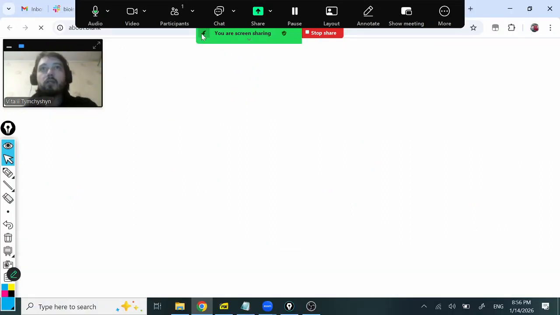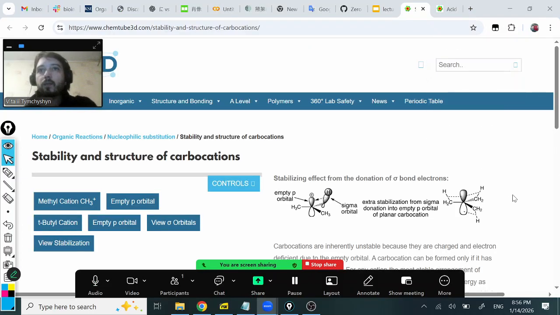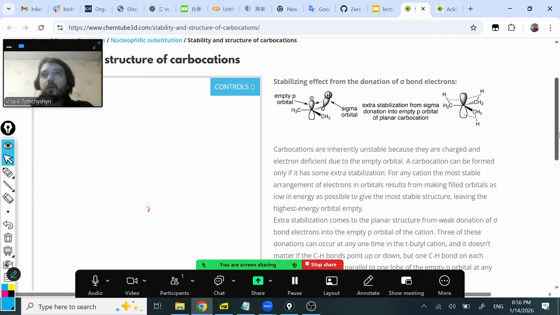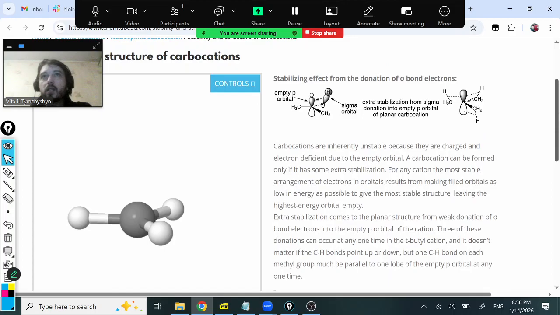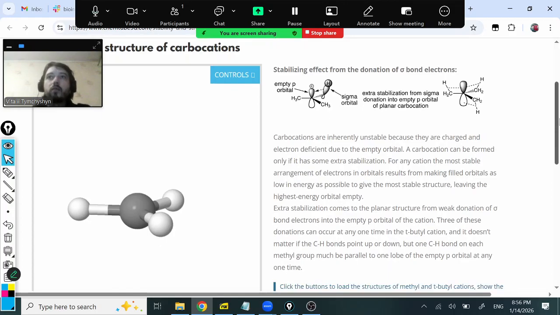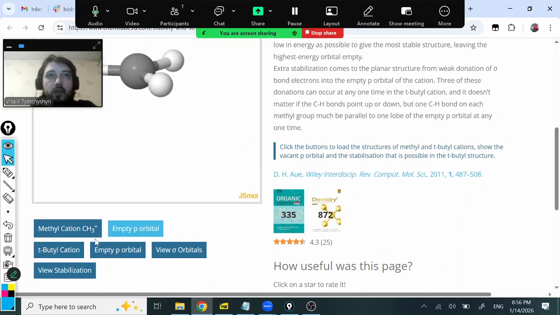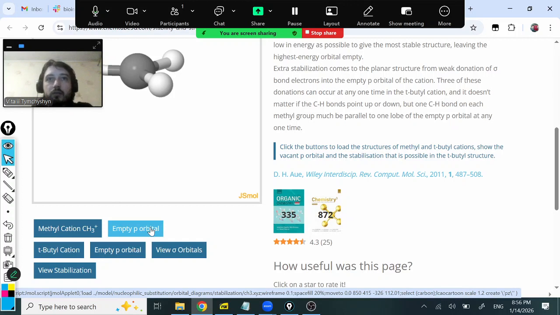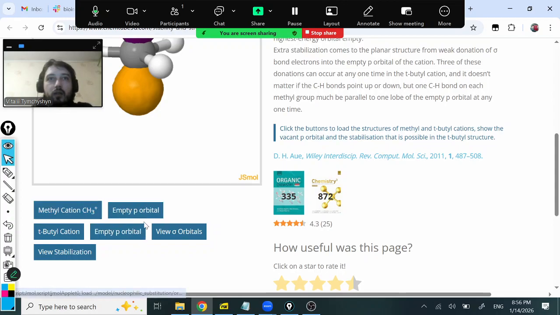Here is an example of different stabilizing effects, like from donation of the sigma bond electrons. So what do we have here? Here is the methyl cation, very unstable. What can we do here? Here is the empty p orbital.